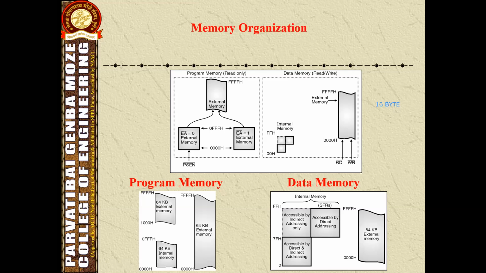Two separate external memory spaces are made available by the 16-bit PC and DPTR, and there are different control pins for enabling the external ROM and RAM chips. If the 128 bytes of internal RAM is insufficient, then external RAM is accessed by the DPTR. In the 8051 family, external RAM of up to 64 kilobytes can be added to any chip. External ROM of up to 64 kilobytes can be added, and both 64 kilobytes of external RAM and ROM can be added to the chip.